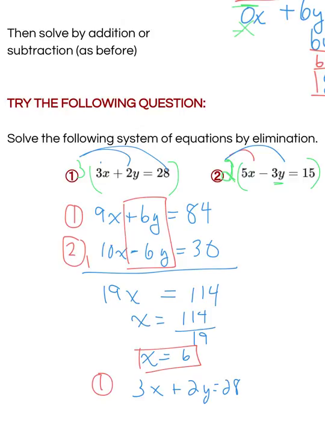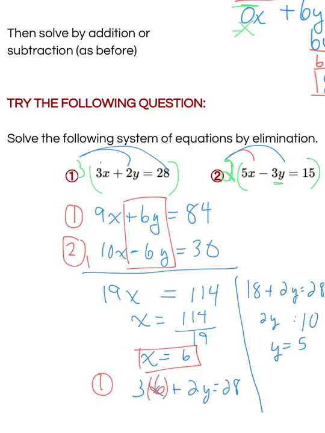Going ahead and subbing in the 6 for x and solving for y, I get 18 plus 2y equals 28. So 2y is going to be 28 minus 18, which leaves me with 10. And so y is equal to 5.